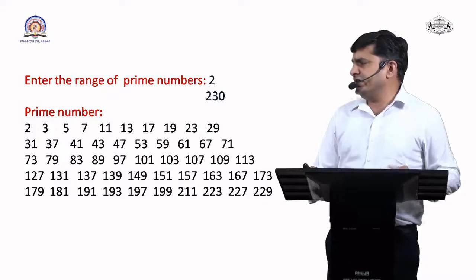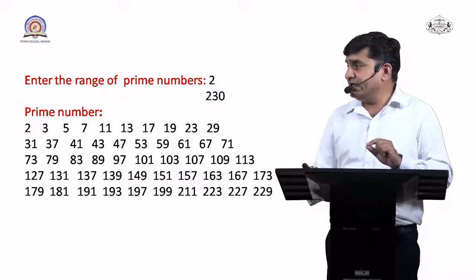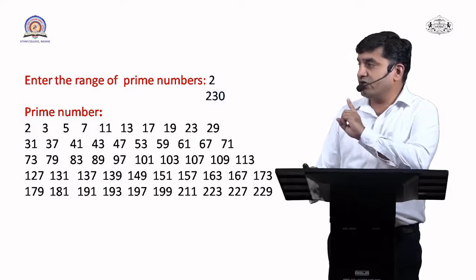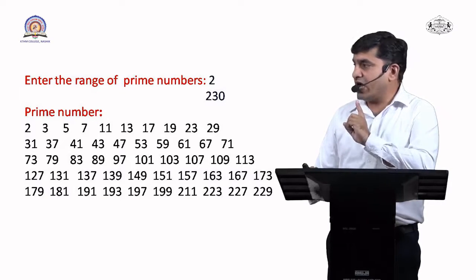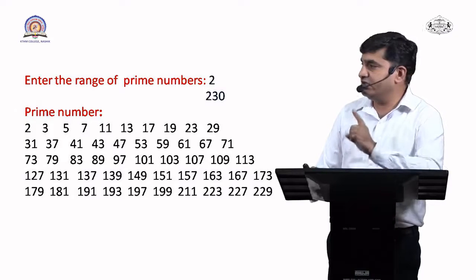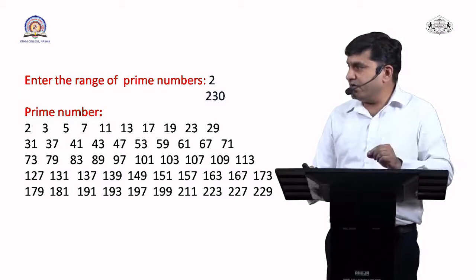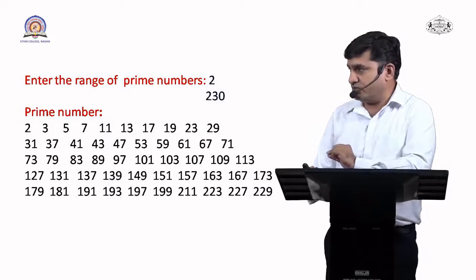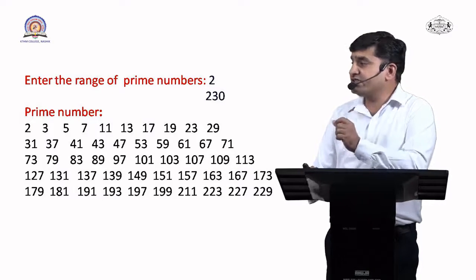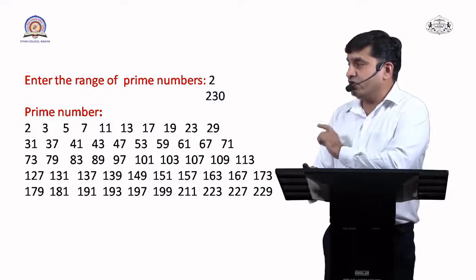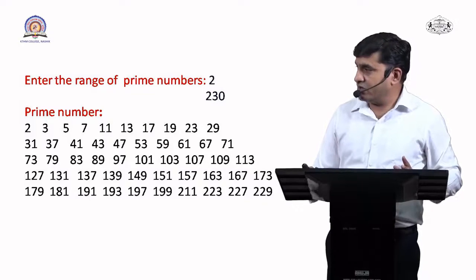Now we have to check the condition. If n is divided by d, that is n is equal to R1, R1 is divided by d, that is 2, and if the remainder is equal to 0, if this condition is true, then prime flag is considered as 0 and break.